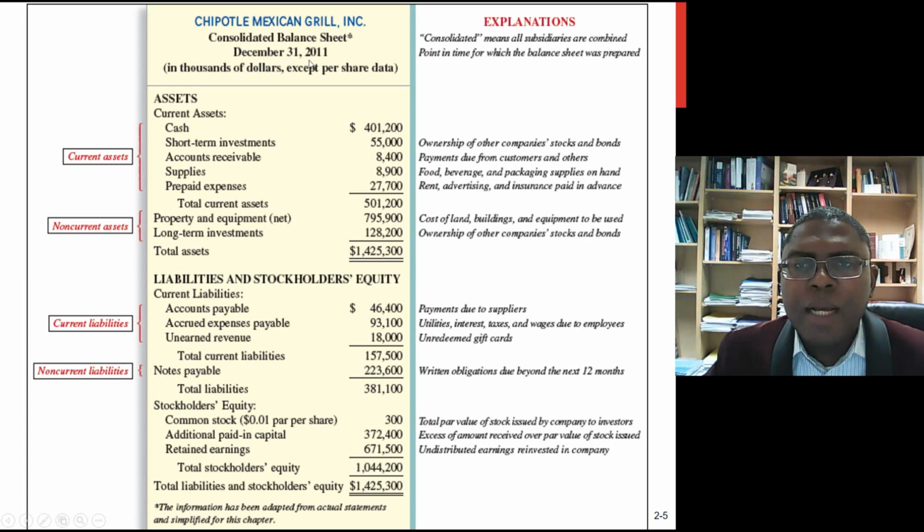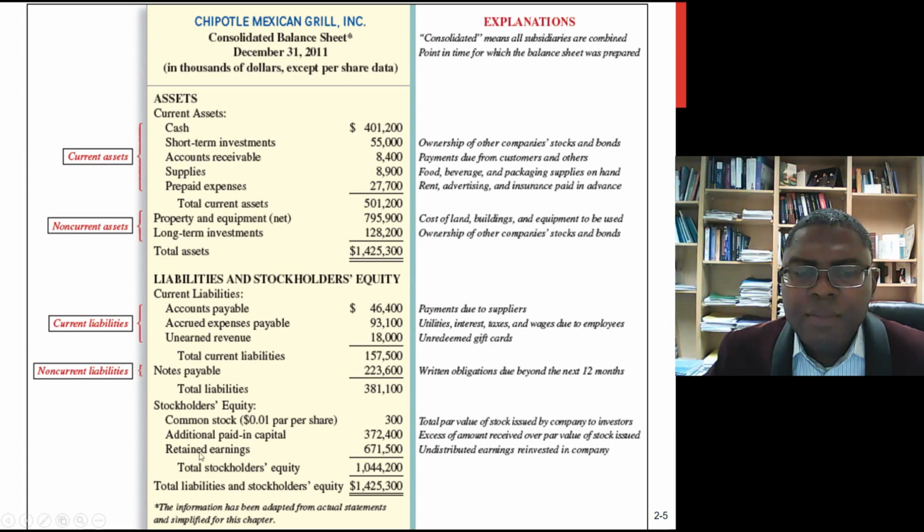When we develop the balance sheet, we usually have assets, and below the assets we have liabilities and stockholders' equity. When we record the assets, we usually start with the current assets, and then we have the non-current assets. On the liabilities side, we do the same. We start with the current liabilities, and then we write the non-current liabilities.